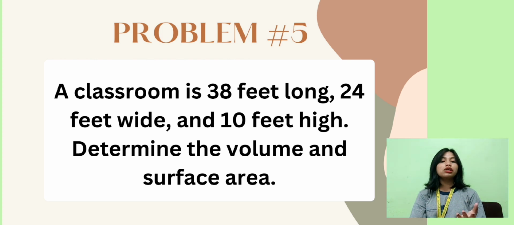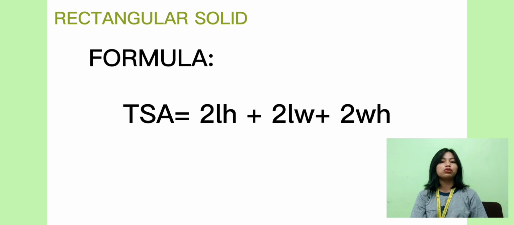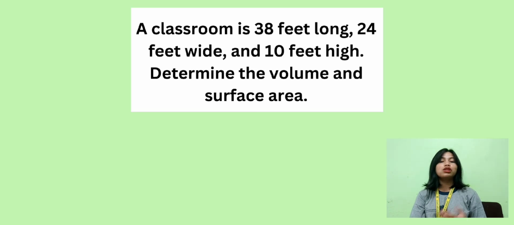So now that we're going to compute the total surface area, the formula that we're going to use is total surface area is equal to 2 times length times width plus 2 times length times height plus 2 times width times height. So now that we have a formula, let's compute.